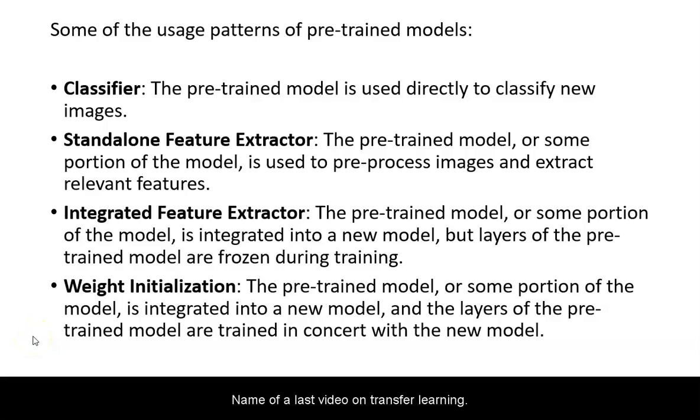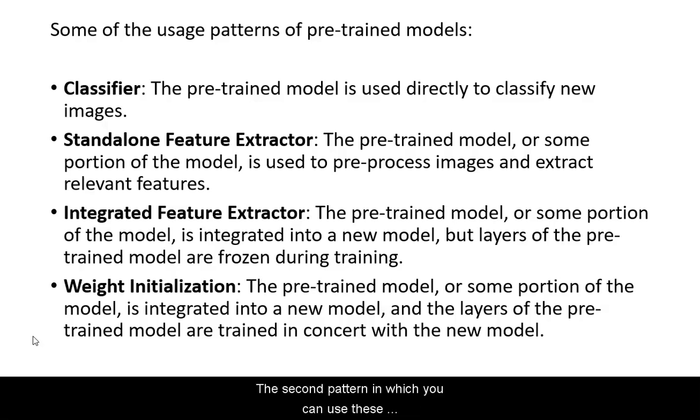In our last video on transfer learning, we used a pre-trained model directly as a classifier to classify new input images. We saw that with the example of a pre-trained VGG16 model, which was given an image of a frog.